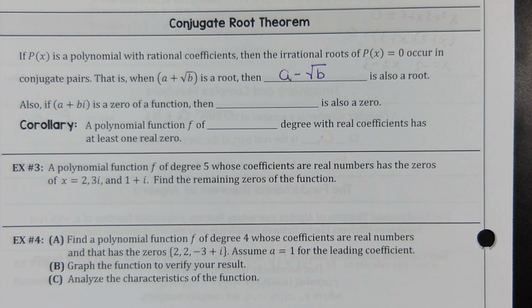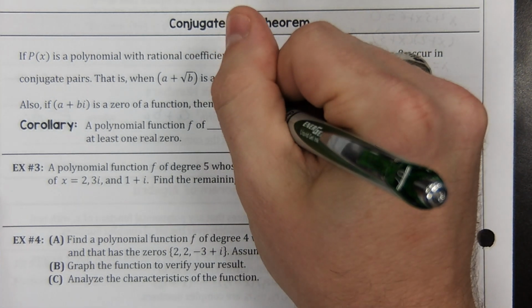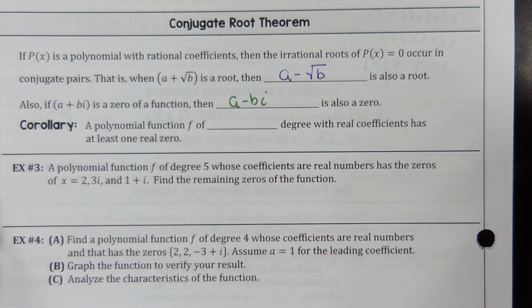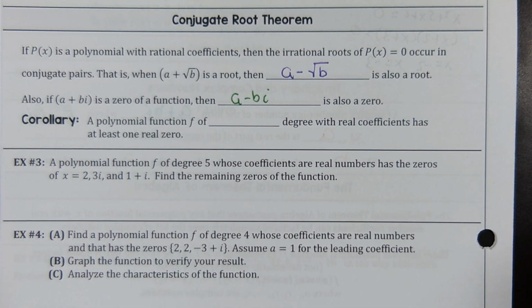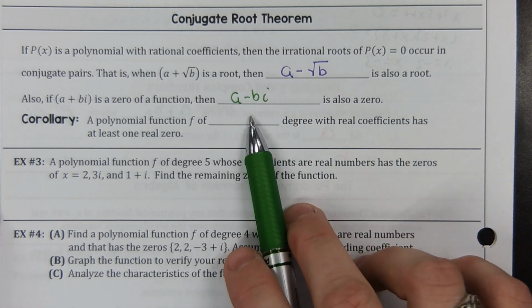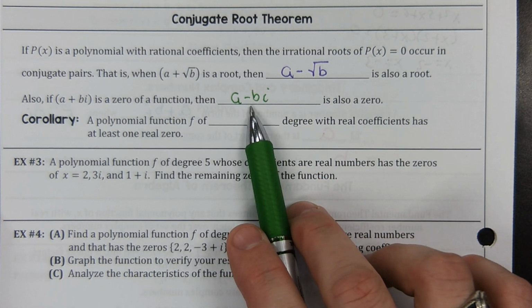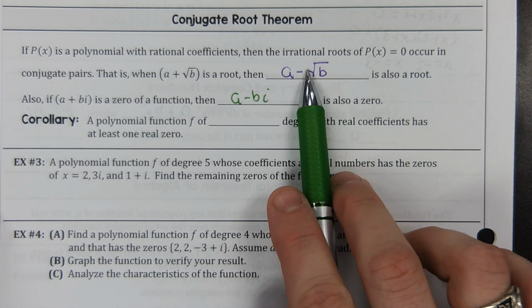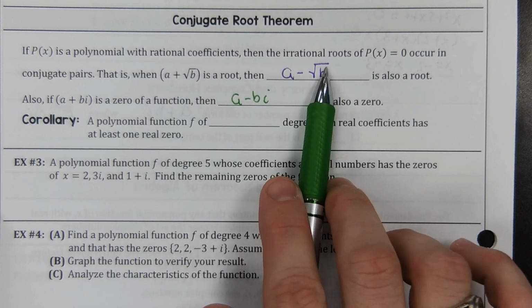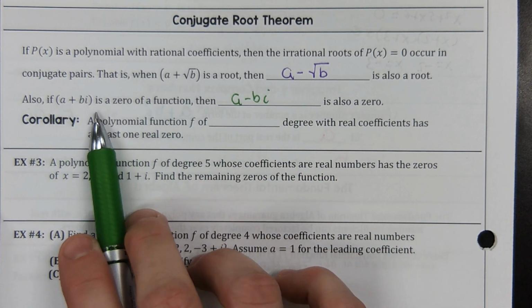And using the exact same logic, if a plus bi is a solution, then so is a minus bi. These are called complex conjugates.